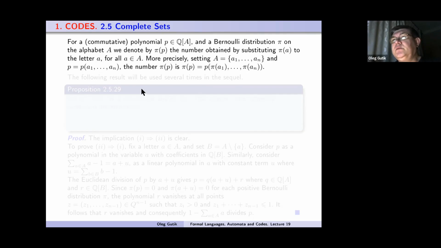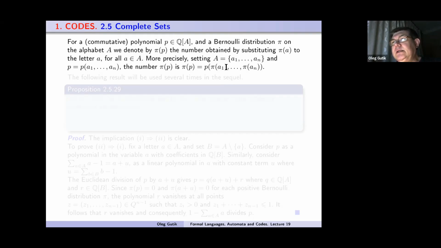For a commutative polynomial P from Q of A capital, where Q of A capital are polynomials over the alphabet A capital, and a Bernoulli distribution pi on the alphabet A capital, we denote by pi of P the number obtained by substituting pi of A for the letter A for all A from the alphabet A capital.